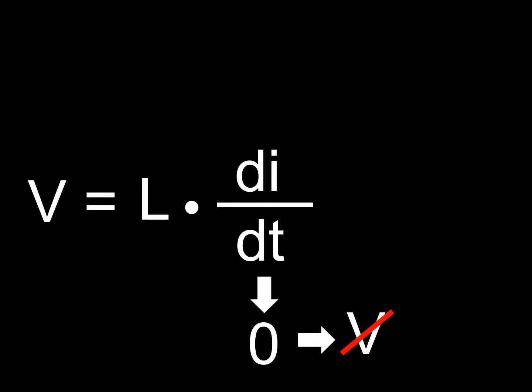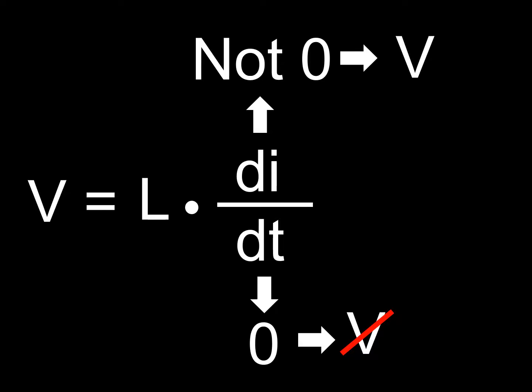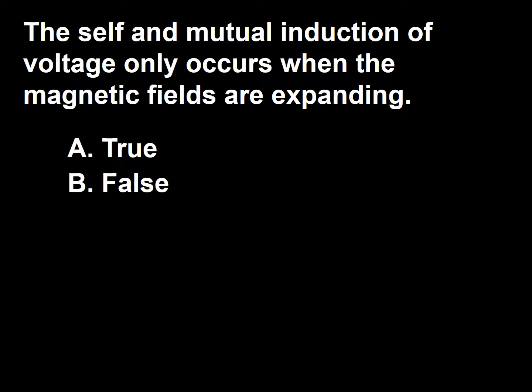This is expressed in this frame by the rate of change between current and time being zero. If the rate of change between current and time is zero, no voltage will be stored in the inductor. If the rate is not zero, whether it is up or down, voltage will be stored in the inductor. So the answer to this question is false.